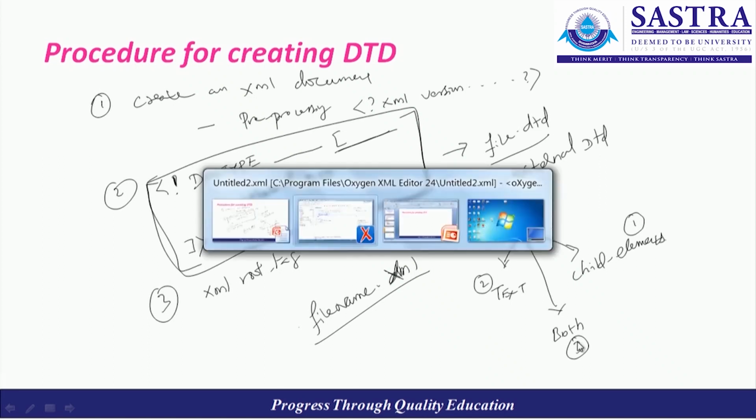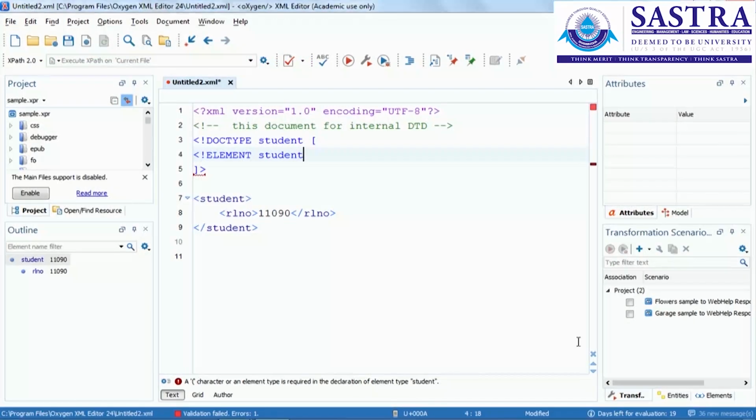Coming back to this editor window, ELEMENT student, it has roll number, and we have to close it. Look there, this student element has only one child element.